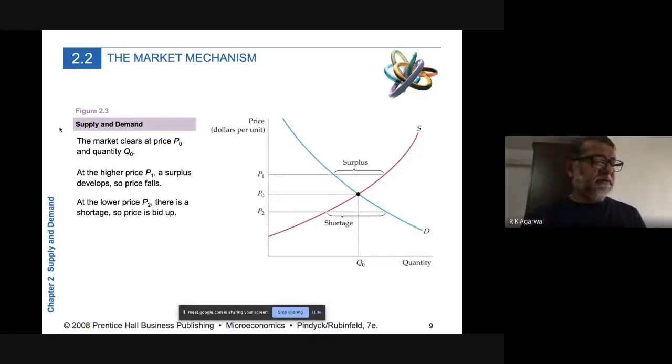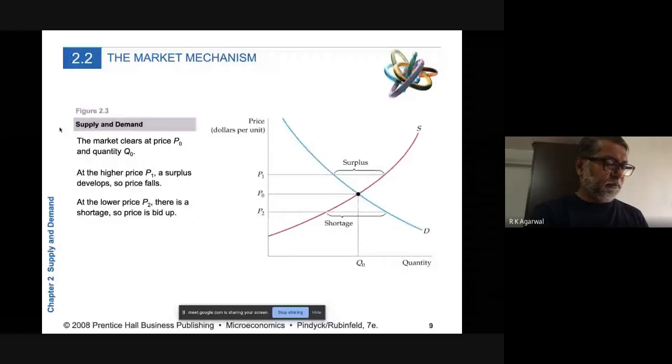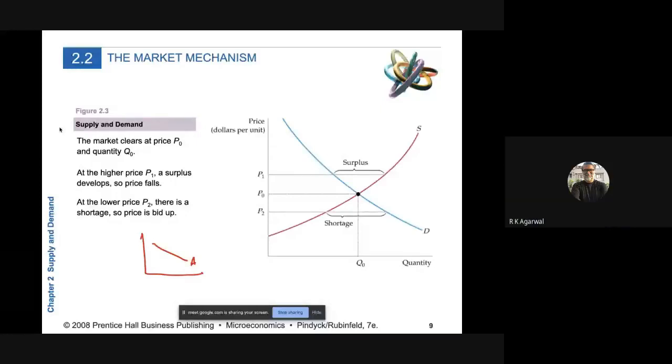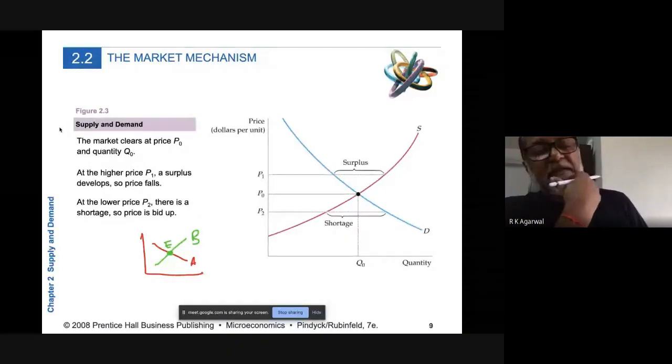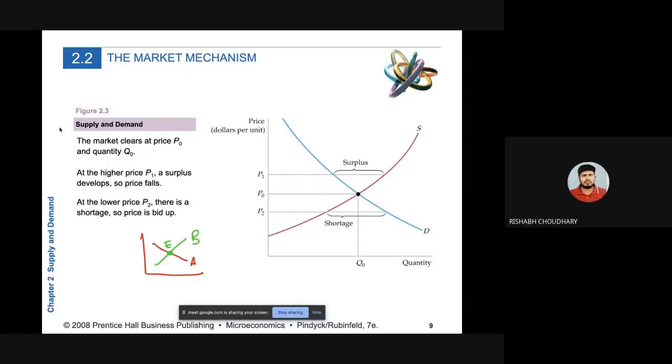Forget about demand and supply. Suppose you have these two lines. This is line A and this is line B, and they intersect each other at point E. So what does this intersection point mean? Sir, they have the common point.